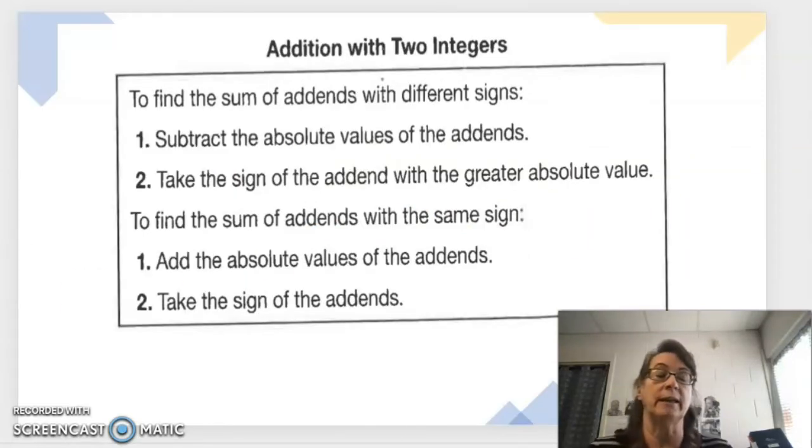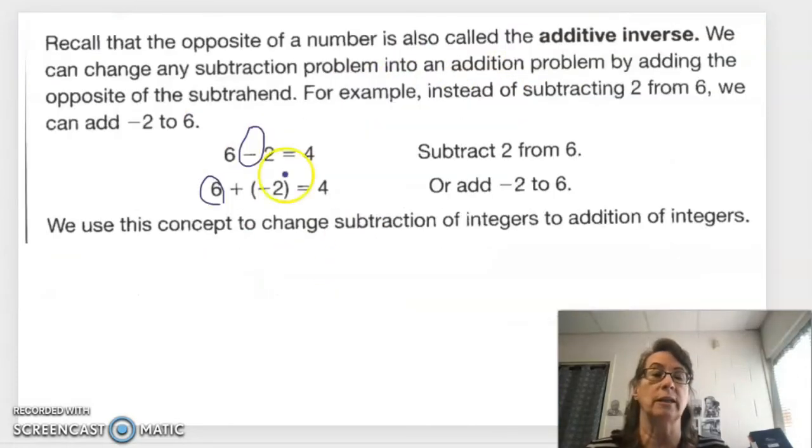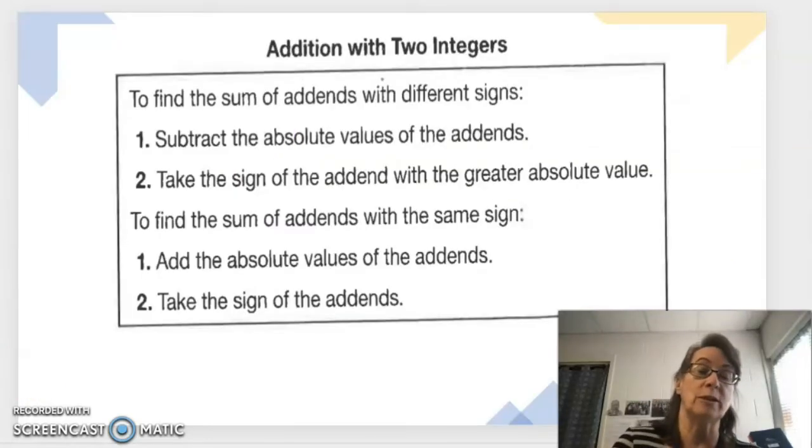So here we go. This is only addition. So if we have a subtraction, we're going to do what we just saw in the last slide. We're going to change the subtraction to an addition problem. And once we change it, then we'll be able to use these 2 rules.